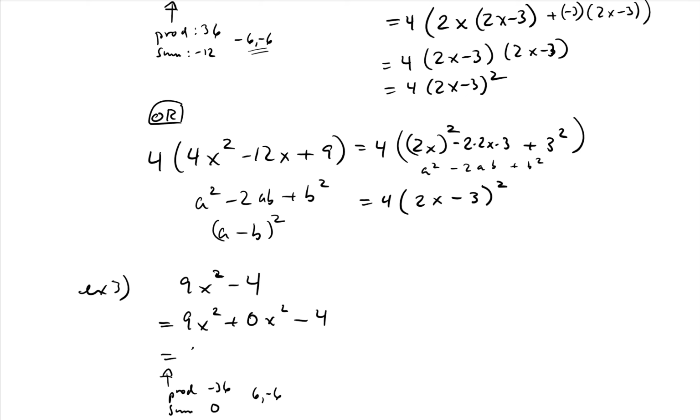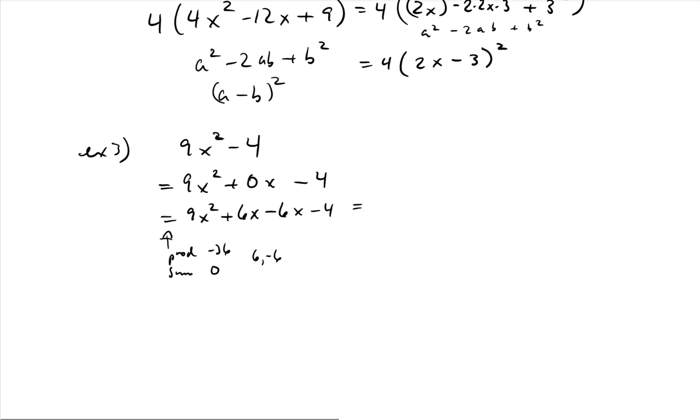Okay. And well, there's no x squared here. It's just 9x squared, 0x, minus 4, and we split 0x into 6x minus 6x. You factor by grouping, so you take out a 3x, and you've got 3x plus 2.